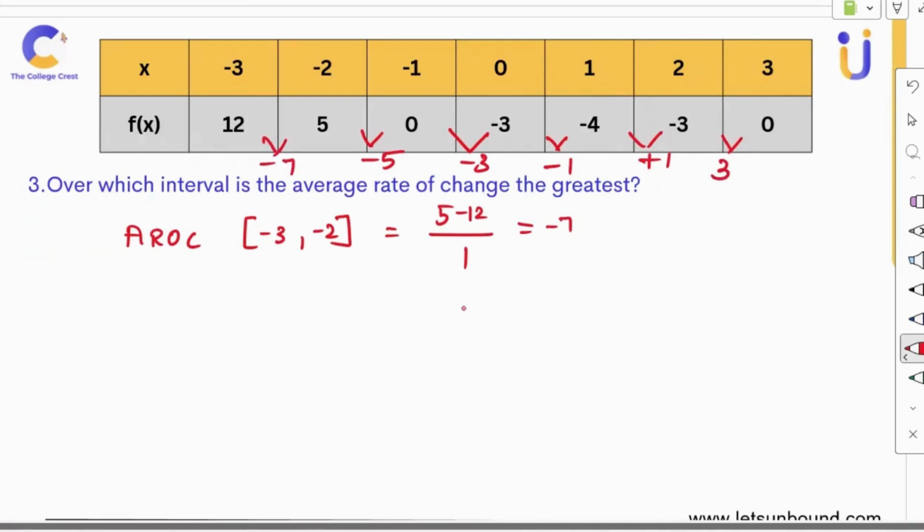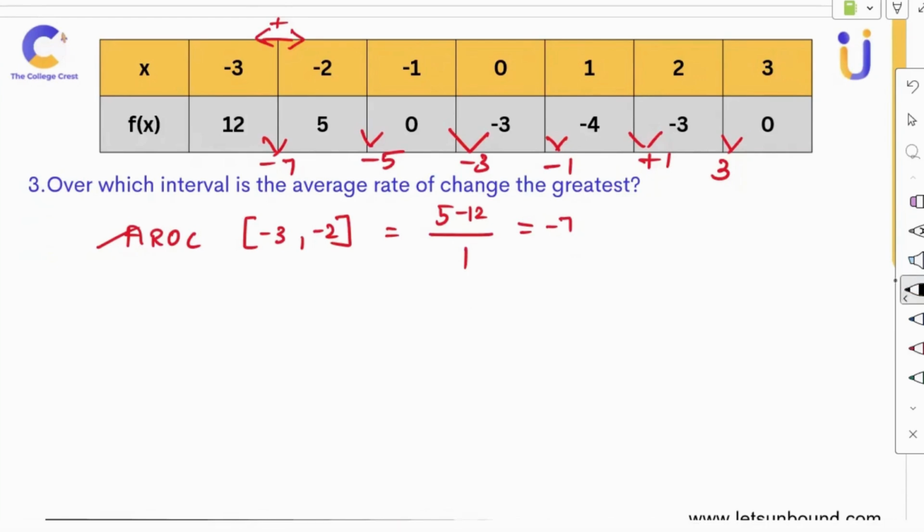Okay, so here we don't need to work out the denominator as x changes by a unit difference. So you can just find the f of x differences. So minus 7, minus 5, minus 3, minus 1, plus 1, plus 3. And I can see the average rate of change is greatest here. So what is that interval? You have to write in terms of x. So 2 to 3.